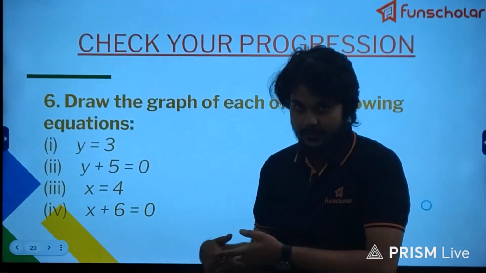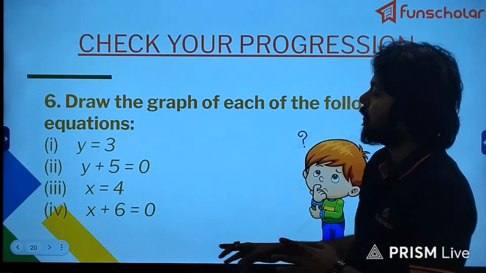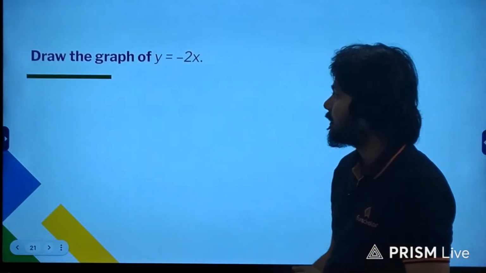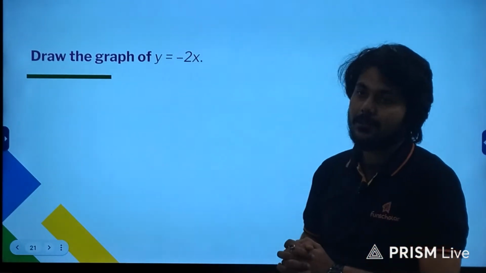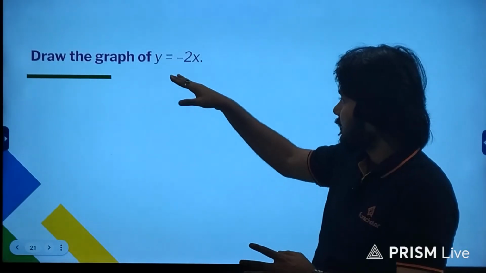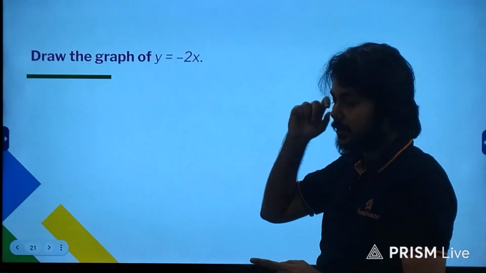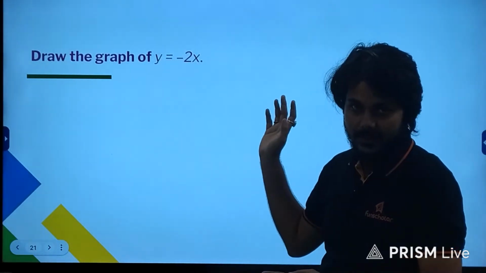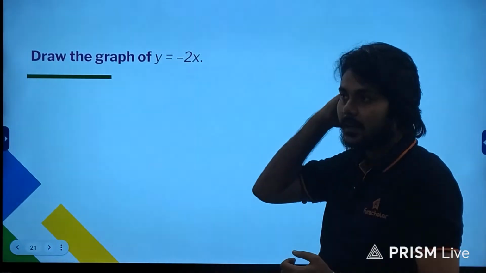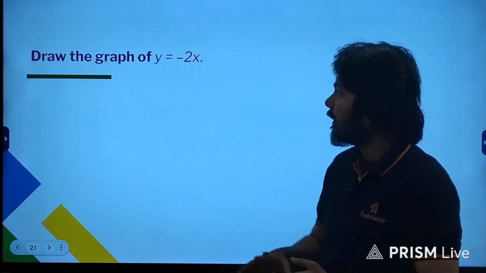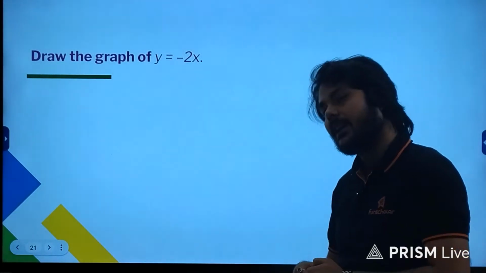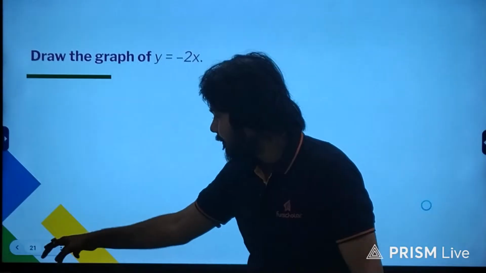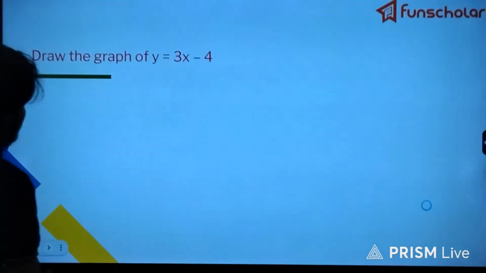The third lecture will be very crucial because we will learn how to represent algebraic expressions graphically. We will draw the graph of this particular algebraic expression and many more. Some tough algebraic expressions are also here.